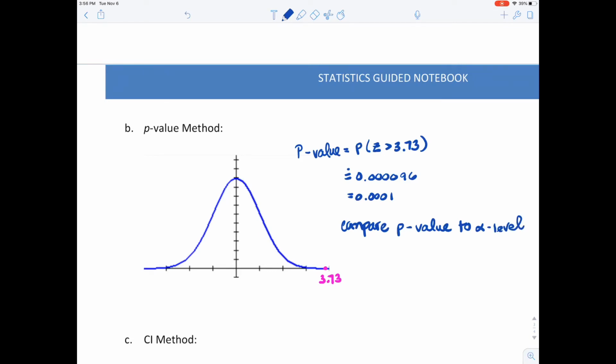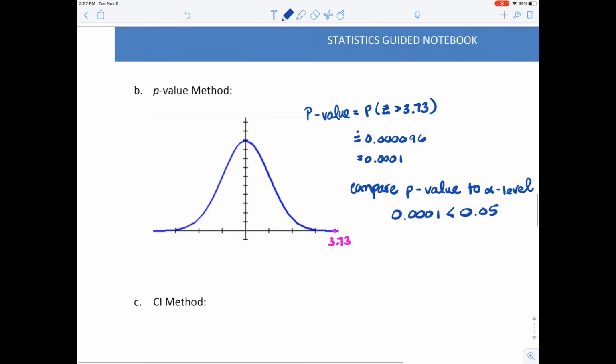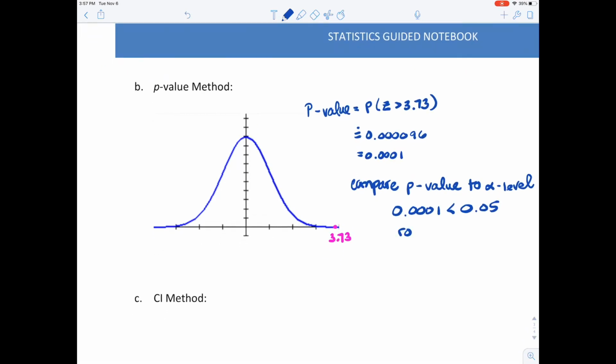So 0.0001, how does it compare to 0.05? Beautiful. It's less than, right? So we reject the null. Okay?